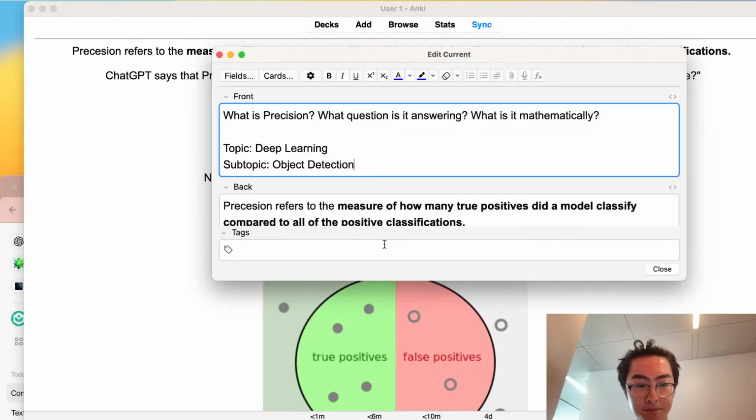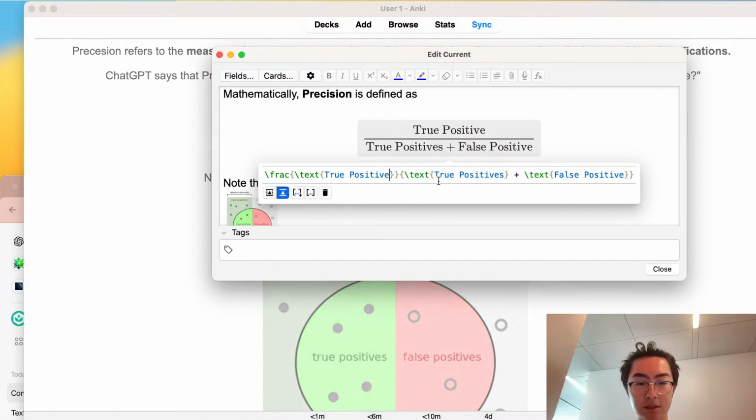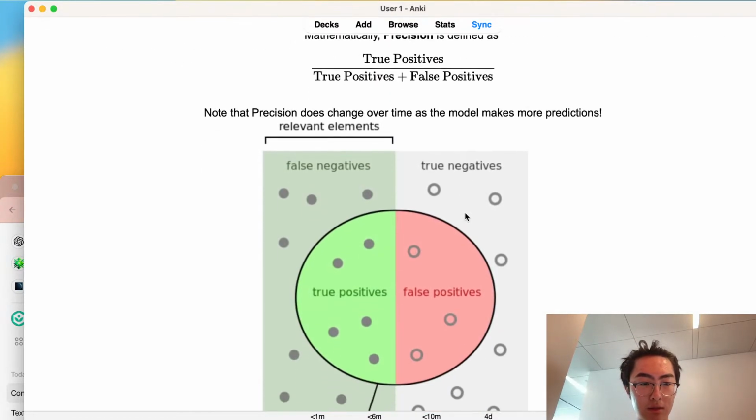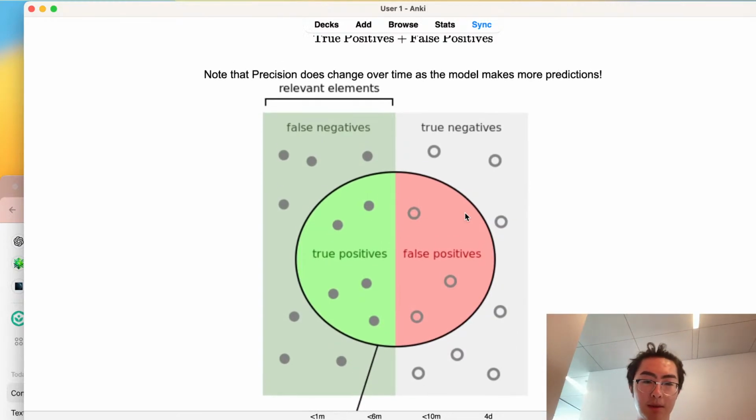I'm gonna add an S here because these are not singular. I think maybe relevant elements.